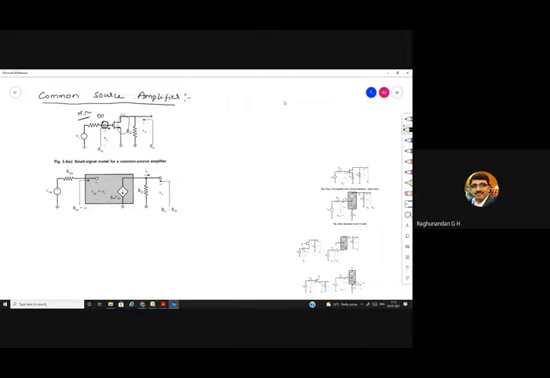If you remember the drain characteristics and gate to drain characteristics we studied in electronic devices, there we had IDSS, the saturation drain current, the maximum current. So this is possible in this case.